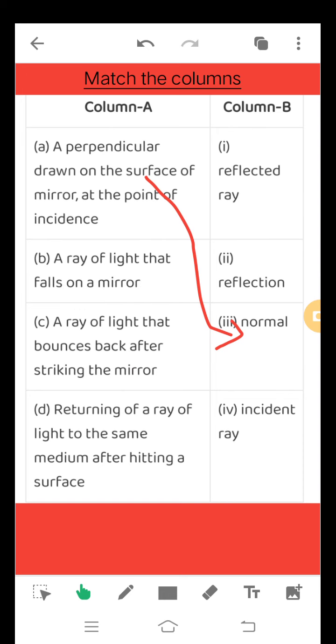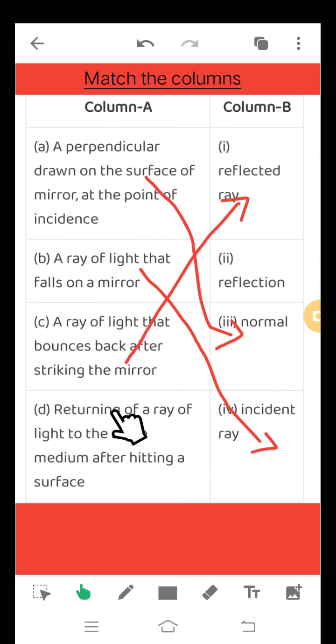The ray which falls on the mirror is the incident ray. Next, a ray of light that bounces back after striking the mirror. The ray of light which bounces back is called reflected ray. Returning of a ray of light to the same medium after hitting a surface means after hitting a surface, returning back of light is called reflection.